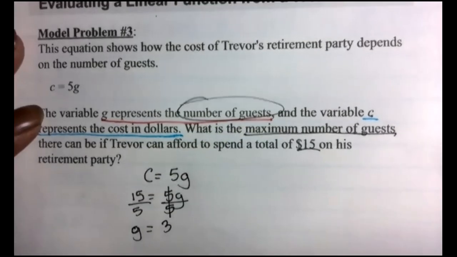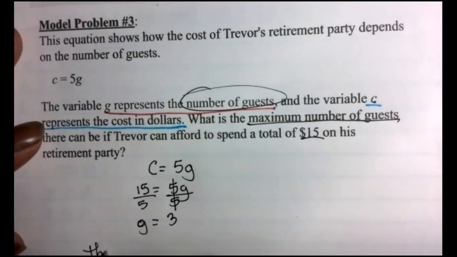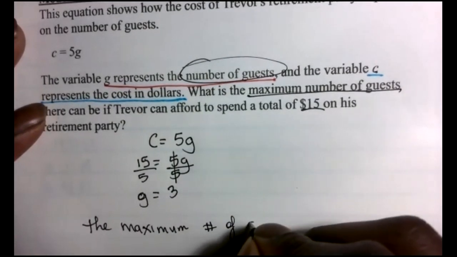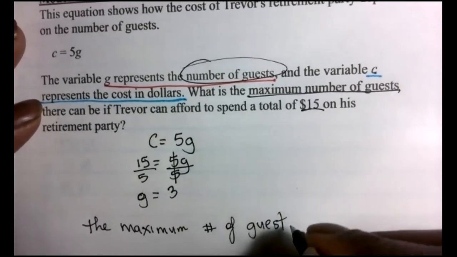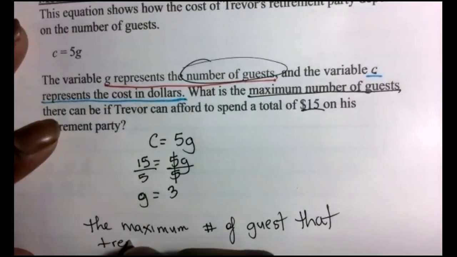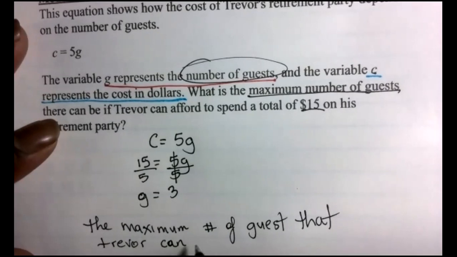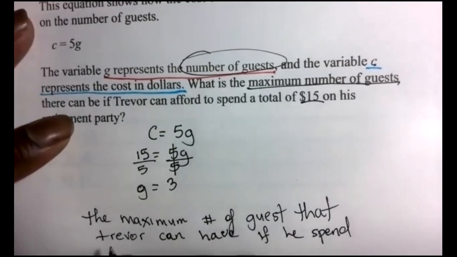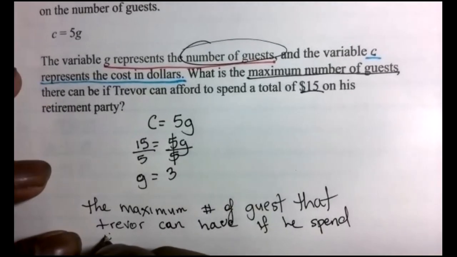So the maximum number of guests that Trevor can have if he spends $15 is 3.